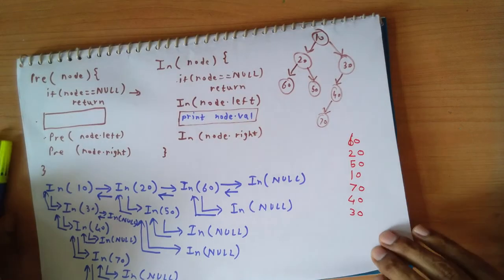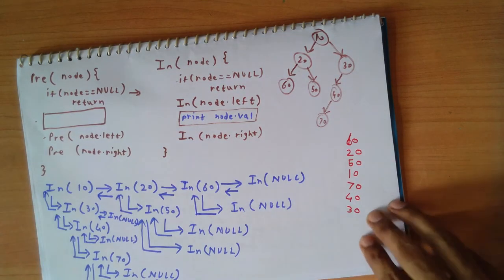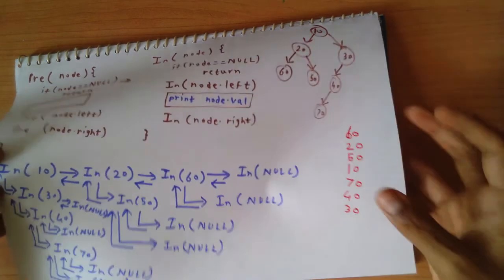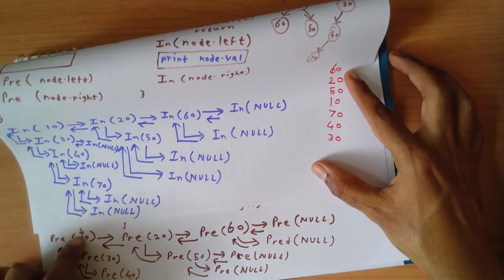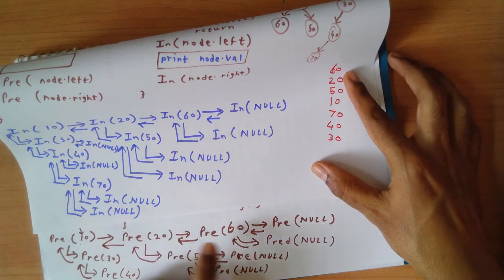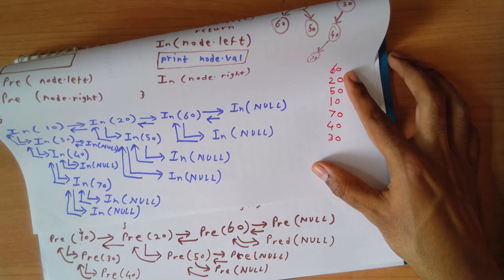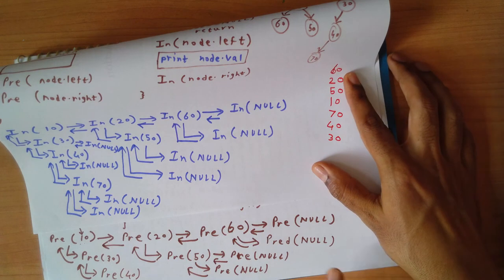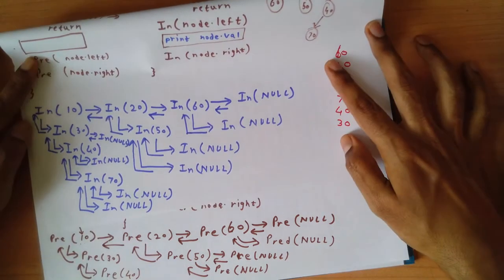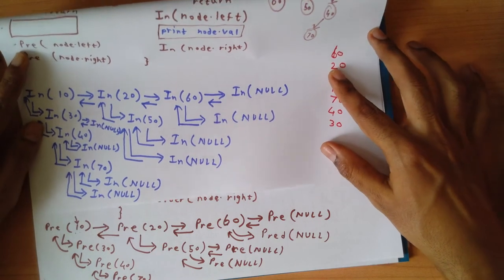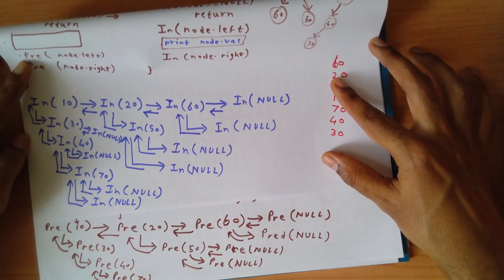But if you compare the function calls for in order traversal, just compare them, okay? So you started with 10, then went to 20, then went to 60, and then you went to null and so on. So the order of these recursive calls is exactly the same. There is no difference in it, okay?